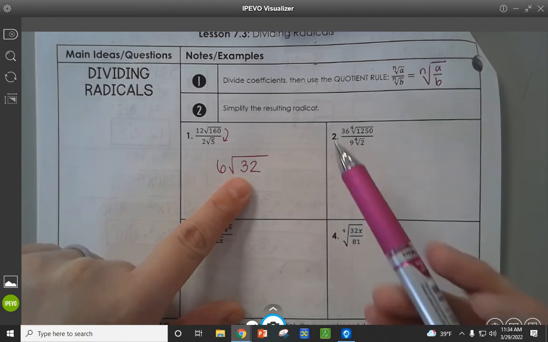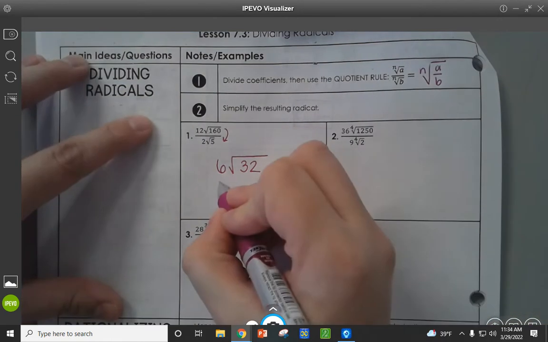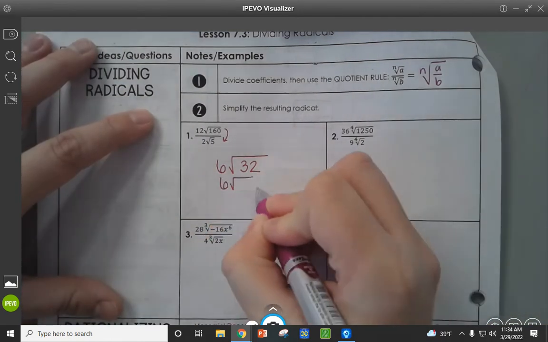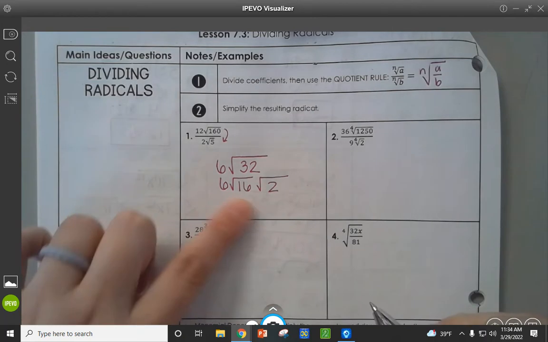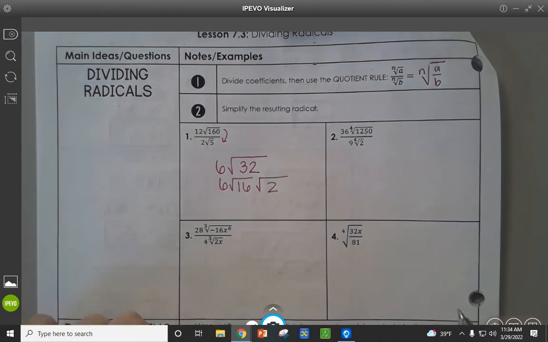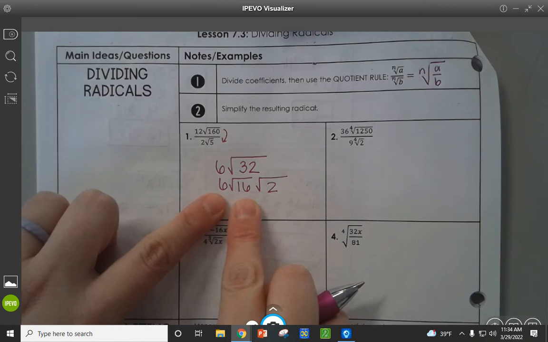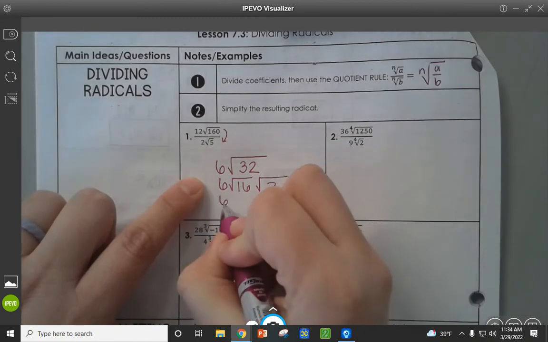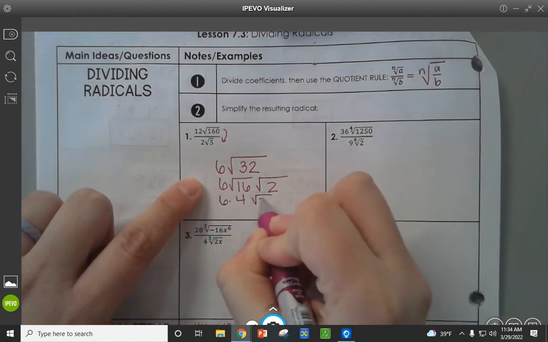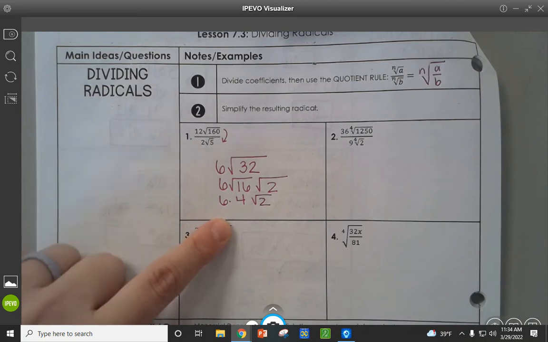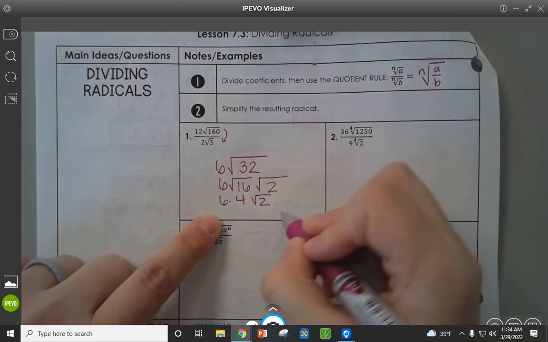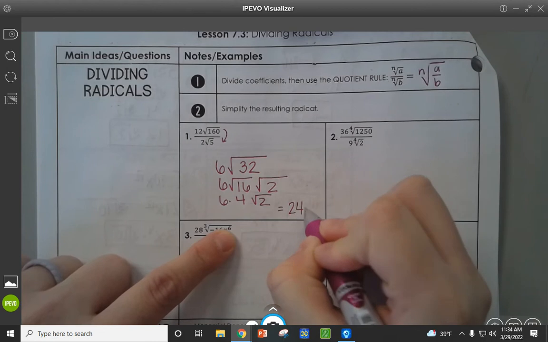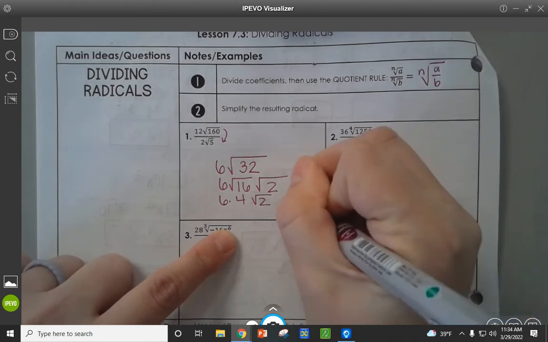What perfect square goes into 32? 16. So 16 times 2 is 32, right? And what is the square root of 16? 4. So this is really 6 times 4, square root of 2. And what is 6 times 4?